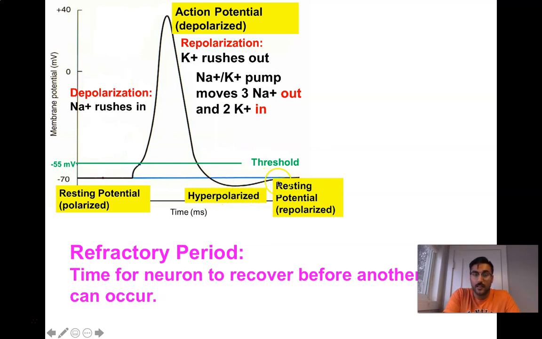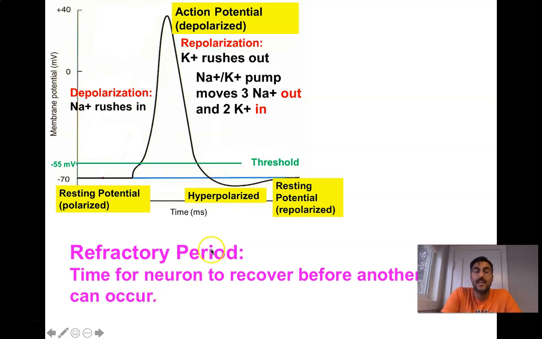And so there's a period of time where the finishing touches have to be made to get the ions in the right position so that it can stay at the negative 70 and become officially repolarized, or in other words, be back at rest so it can start all over again. That time it takes to clean up the sloppiness, to go from this hyperpolarized state, could have been negative 75, could have been negative 80 millivolts, back to the proper negative 70, is called the refractory period.